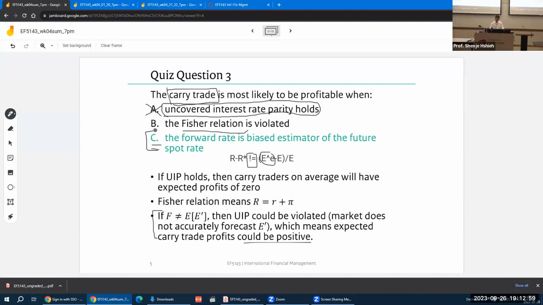But if you don't know what B is, let me tell you. B is basically saying that R is somehow not equal to the real interest rate plus inflation. I don't know how much macro you know, but the idea here is that the nominal interest rate, the rate you get from the banks or from the bond security, that return or yield is not adjusted for inflation of your currency.